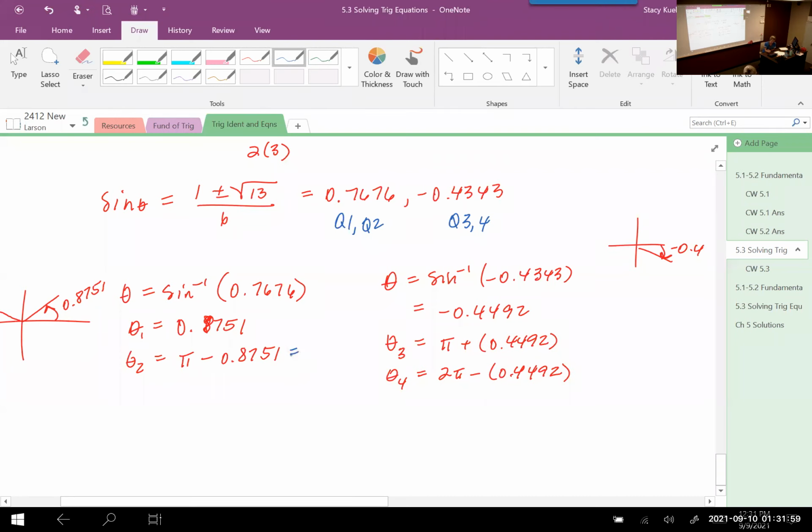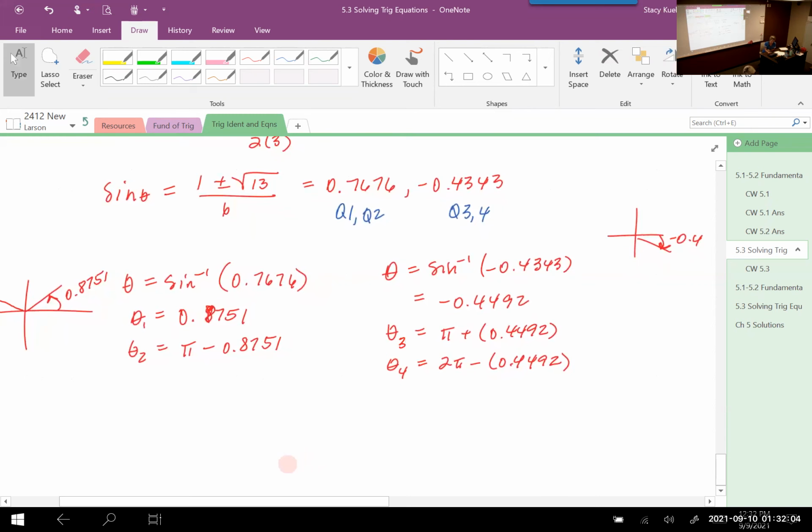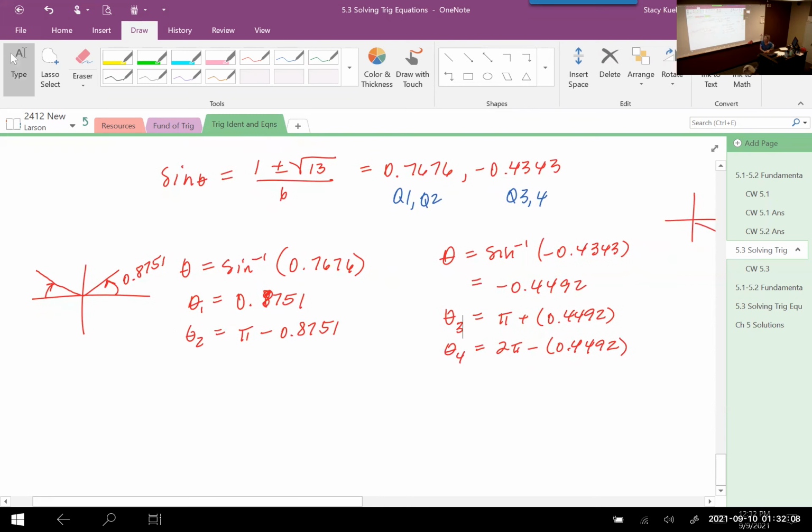Why are those quadrants 3 and 4 on the second one, and 1 and 2 on the first one? Why do I have angles occurring in quadrants 1 and 2? Is that what you're asking me?